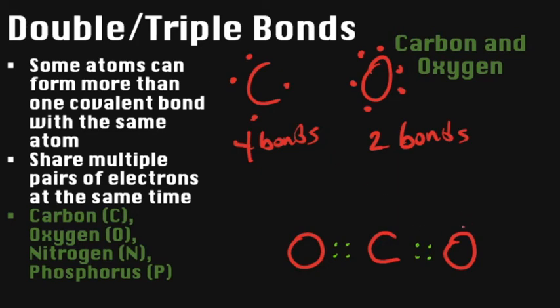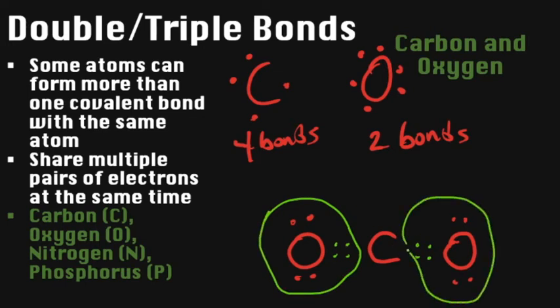So then this oxygen would have 2 electrons to itself. This oxygen would have 2 electrons to itself. And then here, what's happened is that carbon has formed a double bond with each of these oxygens.